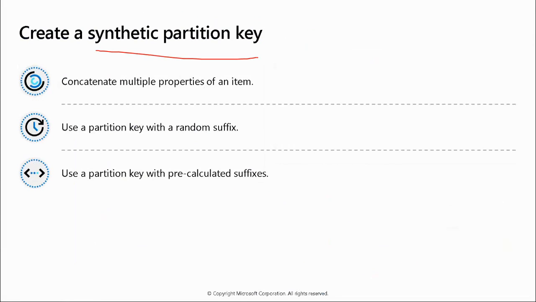Or partition key, well, synthetic partition key. What is this synthetic partition key? Synthetic is when you put together two of your fields in your containers. For instance, you have a JSON with the information that has ID, name, age, city, country, and continent.